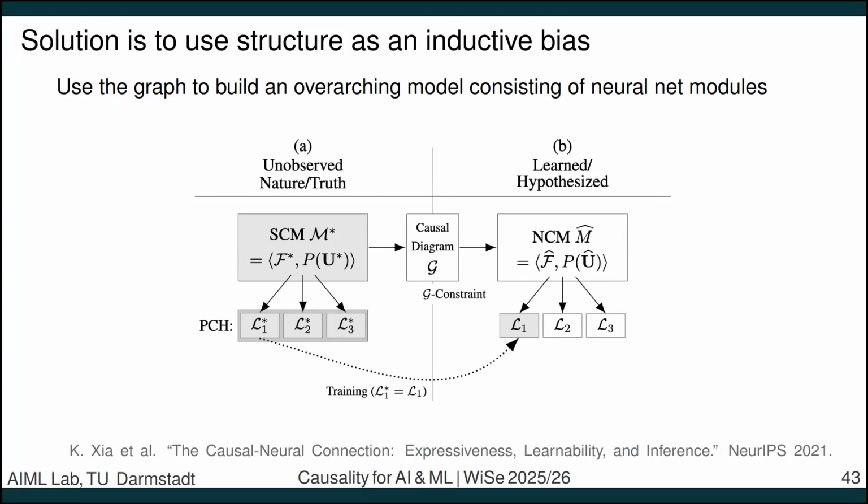And also we don't want to make any assumptions about those structural equations. So for example, the causal VAE assumed linear equations. But here we want to allow arbitrary structural equations.